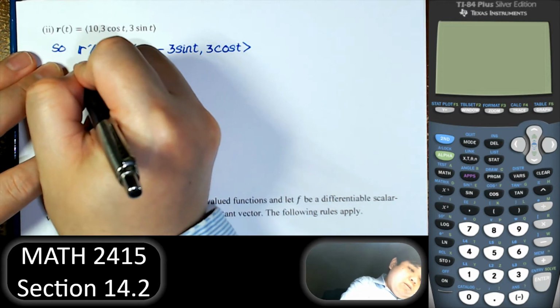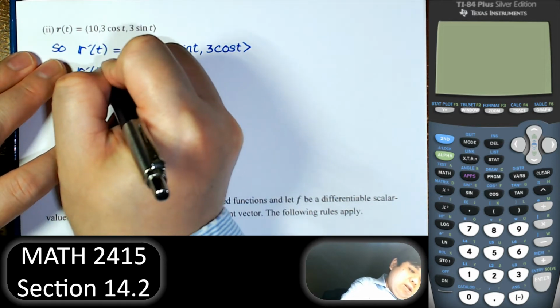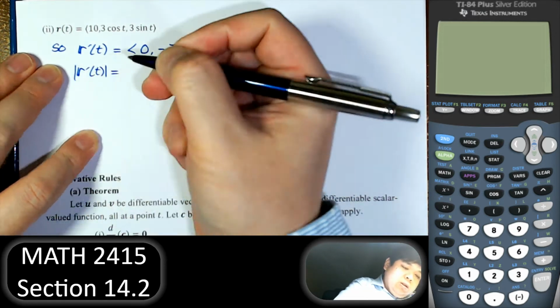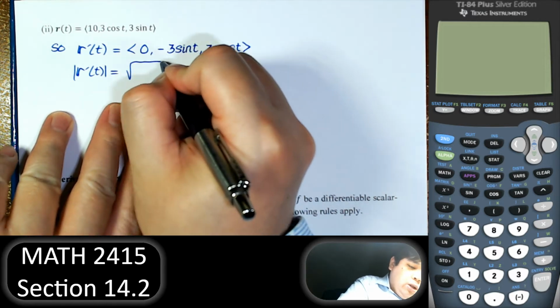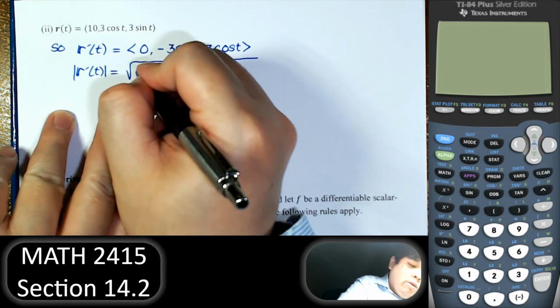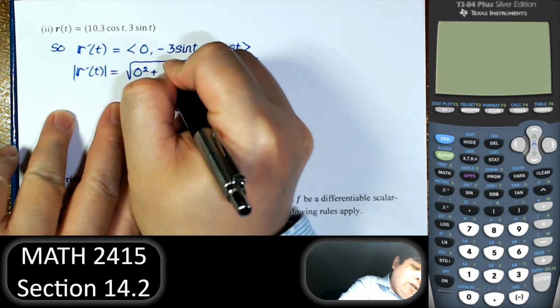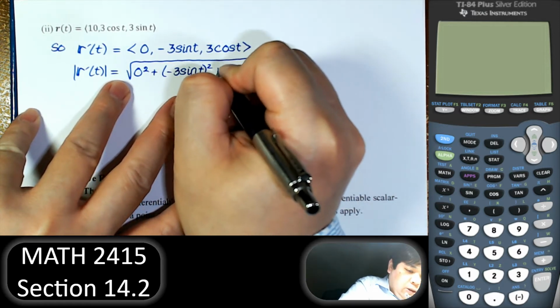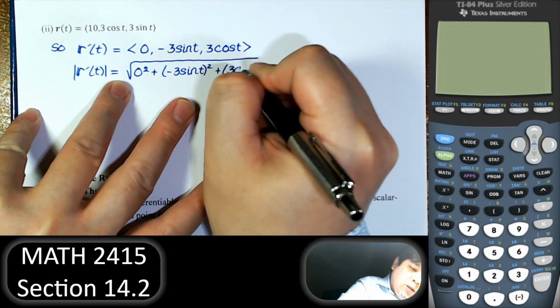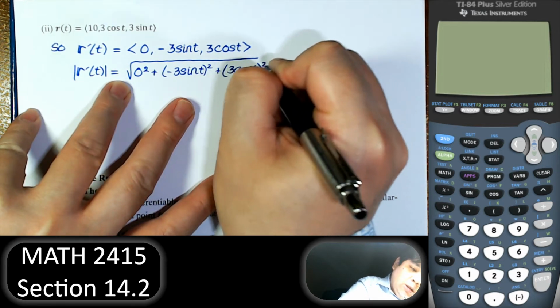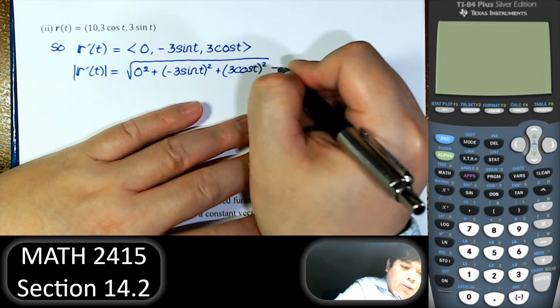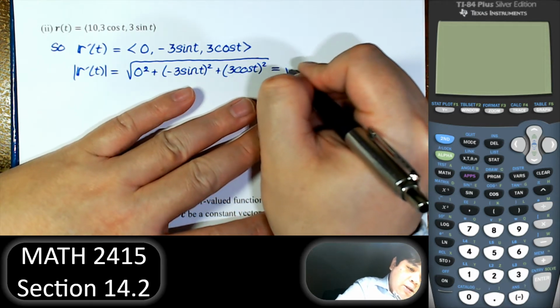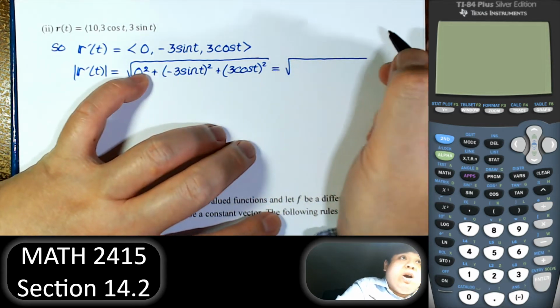And now let's find the magnitude. Square root, and then the sum of the squares of the components. Zero squared is 0.